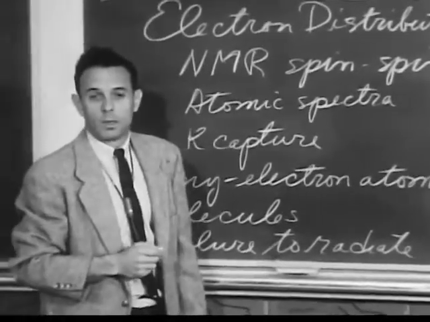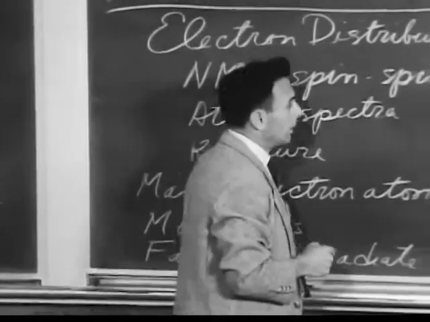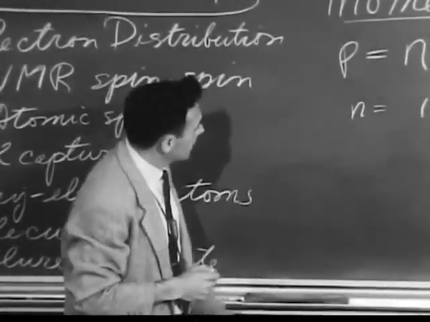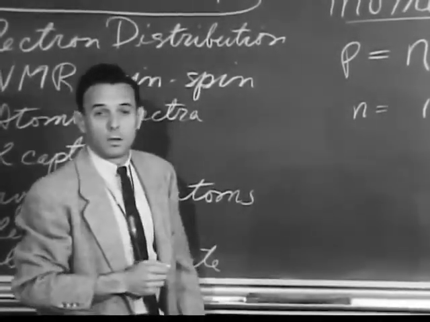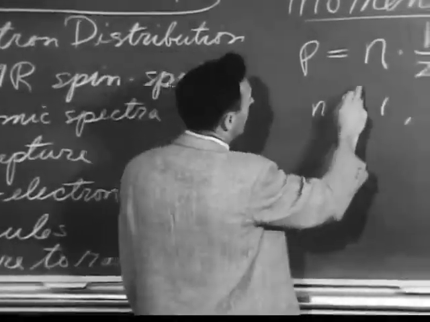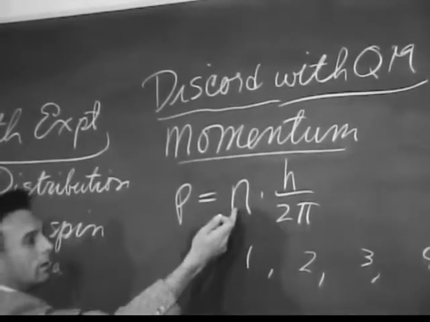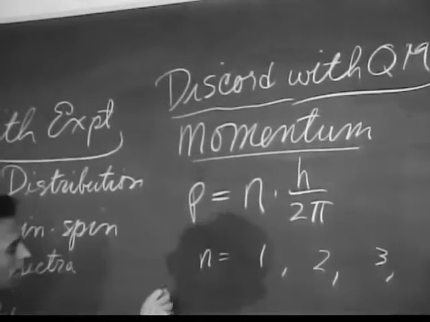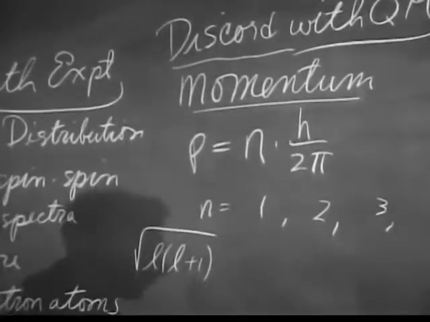With the quantum mechanical model, the one you've seen described in the film, the momentum on the average can be calculated. And it turns out to have different values than those used by Bohr to get the stable orbits. In particular, the quantum mechanical model, instead of relating momentum to n, an integer, times h over 2 pi, relates it to the square root of L times L plus 1, where L is a secondary quantum number.